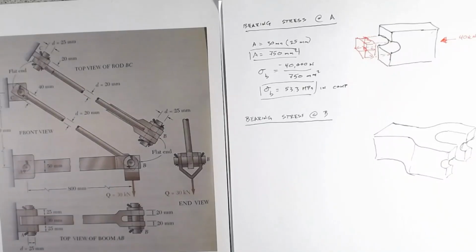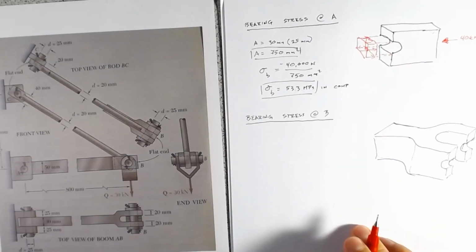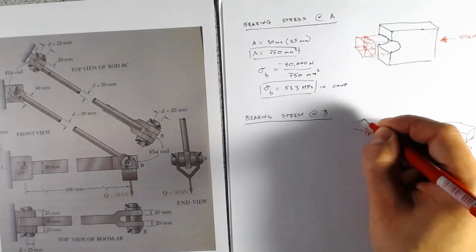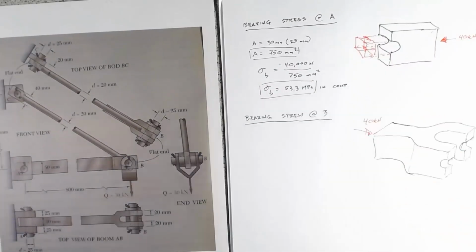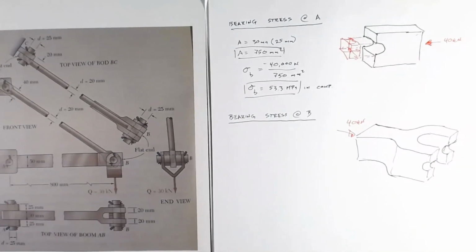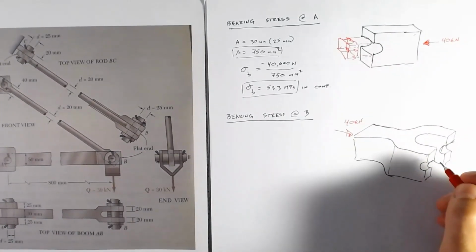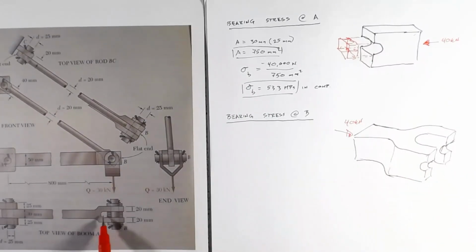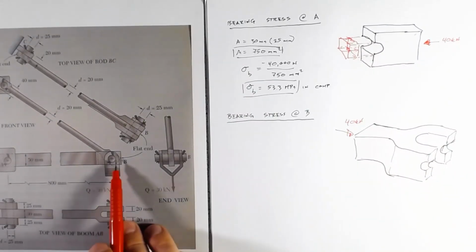And there's our yoke. And so the force, again, is going to be our 40 kilonewtons in compression, and our bearing force is only going to act where we're transferring that load into this pin here.